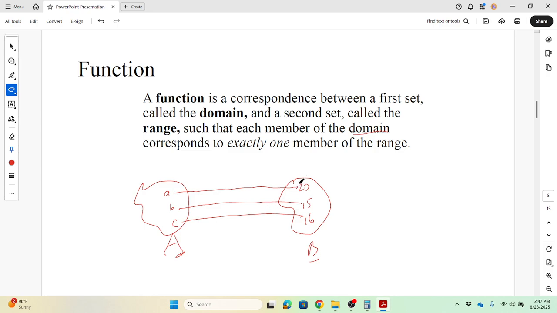Okay, unique means it cannot be repeated here. Like for A, there must be only one output. This is called input, this is called output. So there are different names: domain, input, range, output.